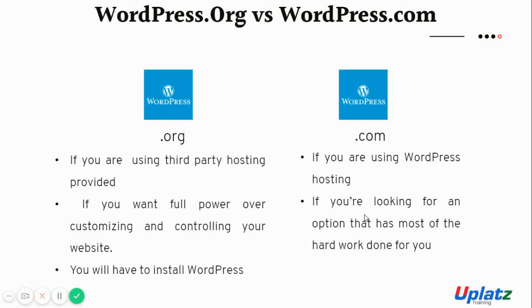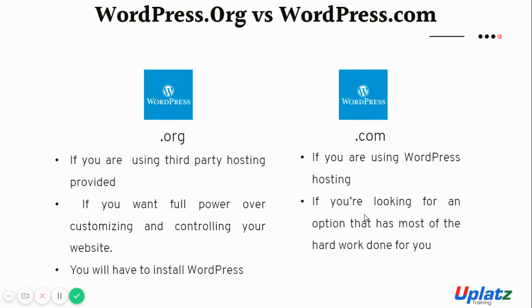Now there are two different types of WordPress. One is WordPress.org, the second is WordPress.com. If you are using a third-party hosting provider, then you should use WordPress.org. WordPress.org also gives you full power over customization. You get full access, or control rather, of your website.